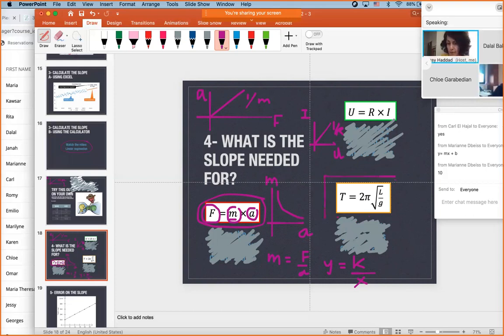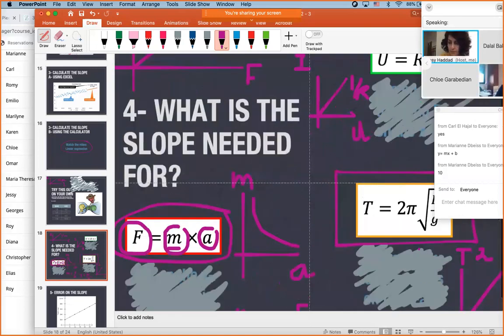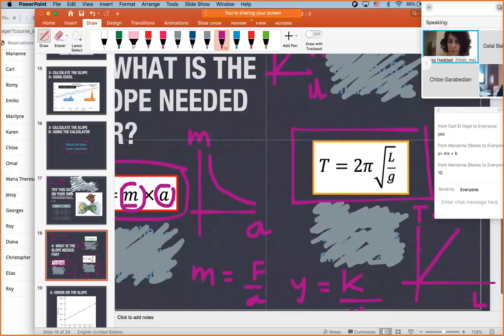Now for this example, we already discussed it, but we never discussed what the slope represents. Christopher is not here.